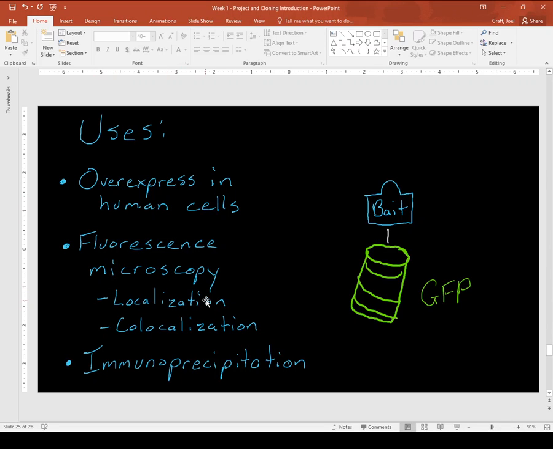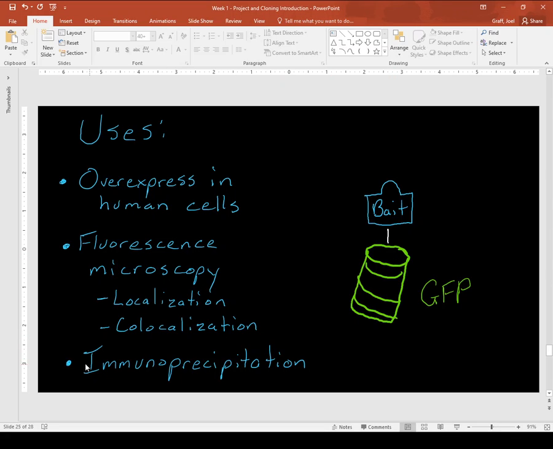That's localization. Co-localization is if we were to have the prey protein also being expressed with maybe a blue fluorescent protein like mAzurite, and we could look to see if the green and the blue go to the same place within a cell, and that's called co-localization, and that would add to our evidence that maybe the bait and the prey protein interact with each other if they go to the same place in the cell.